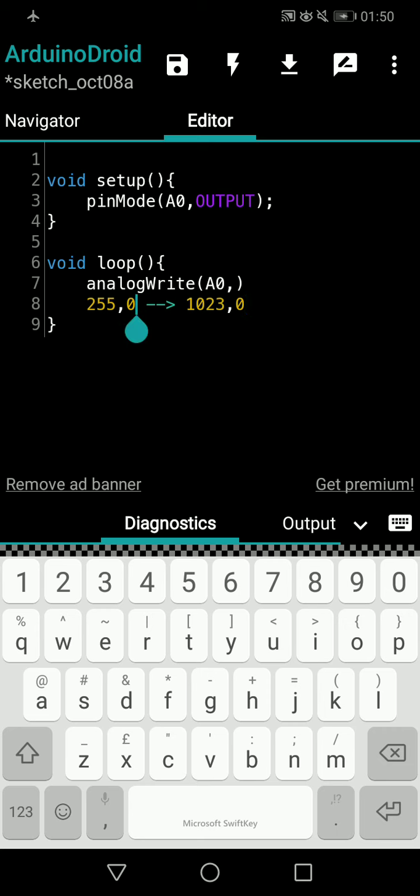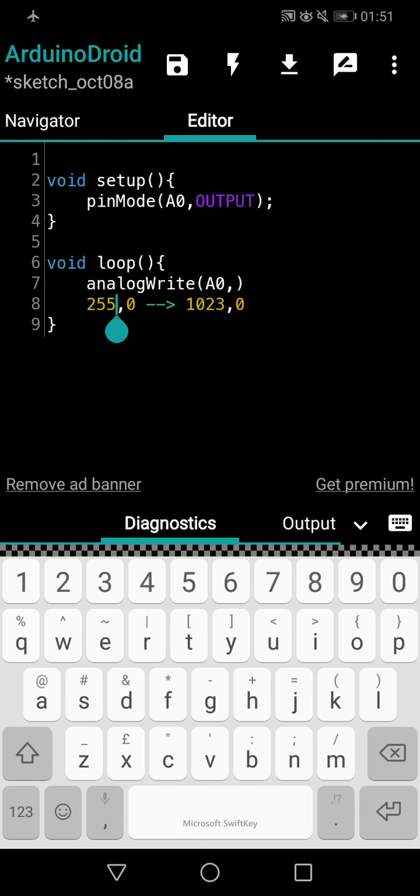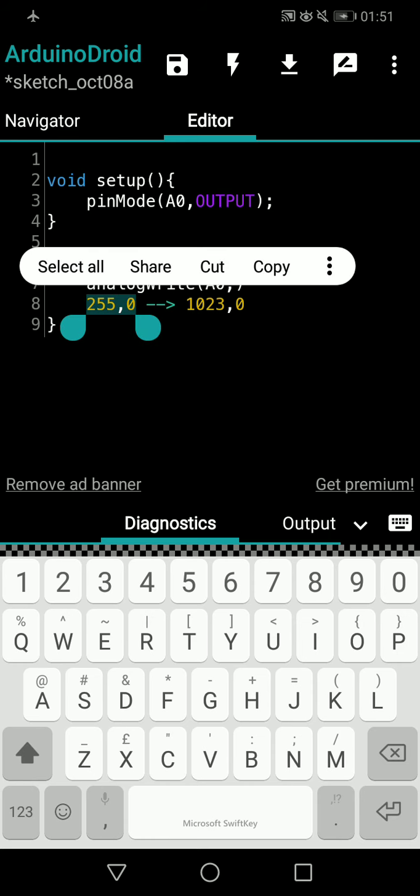Let's not ask why that is so. There are some reasons, like the bit number of the timer and all, so don't worry, we will explain it in another video. For now just remember, analogRead uses 1024 units, and analogWrite uses 256 units, which is one fourth of 1024 units.